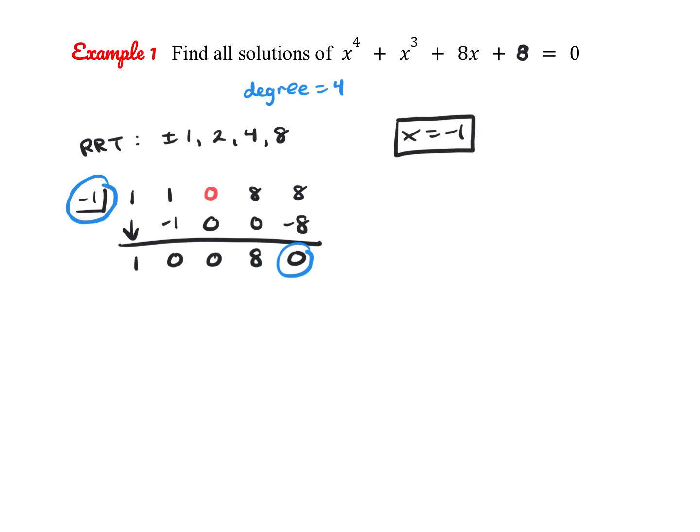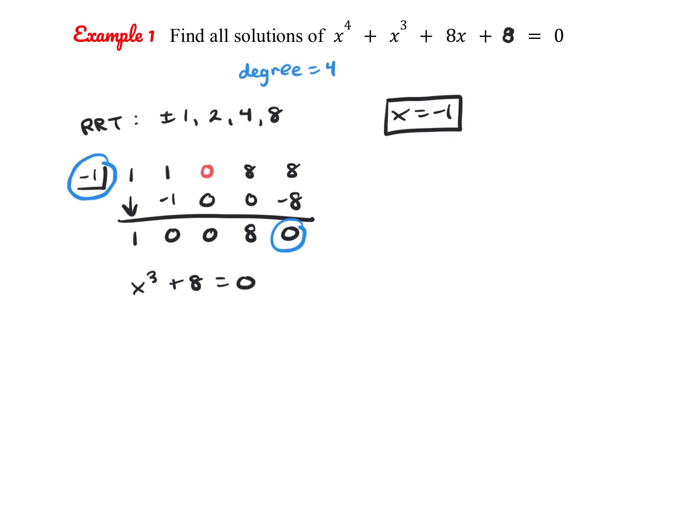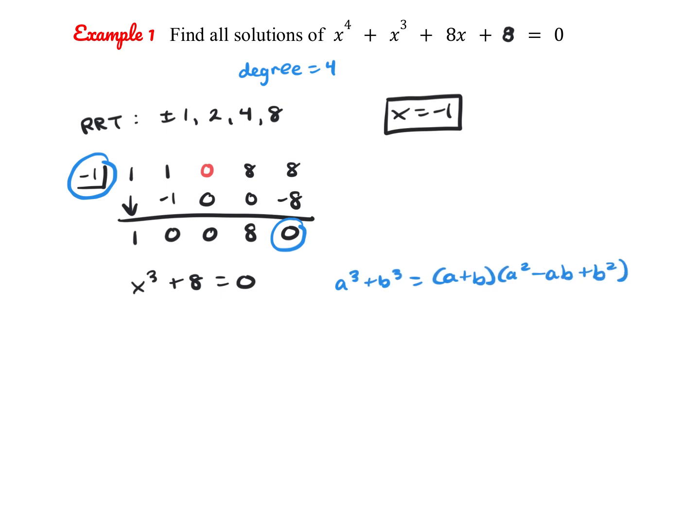So now I'm going to look at the remaining polynomial right here. And I have x cubed plus 0x squared plus 0x plus 8 equals 0. So hopefully we can look at this and recognize that this is a sum of 2 cubes. So remember, a cubed plus b cubed is a plus b times a squared minus a times b plus b squared. So I can see that my a value is x, my b value is 2.